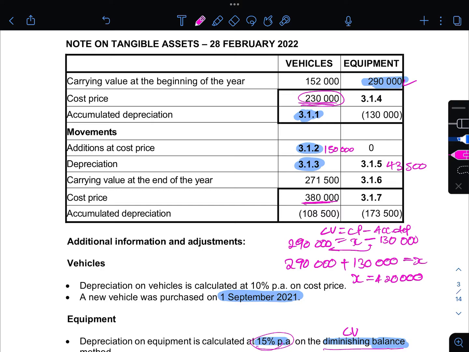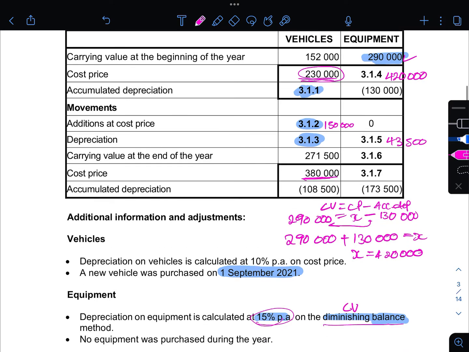Our cost price was 420 here, so that we could easily calculate the carrying value. So nothing was bought. Okay, so if nothing was bought, that simply means it is 420 here.